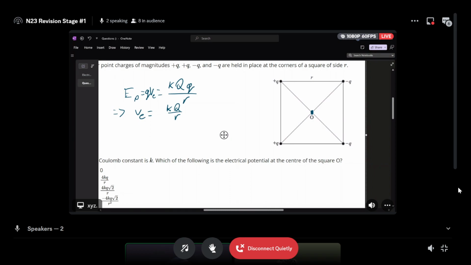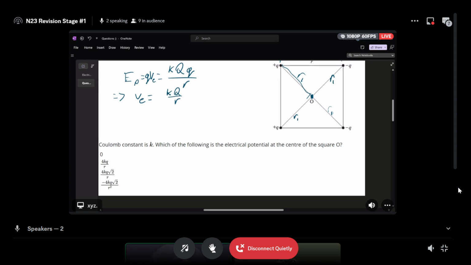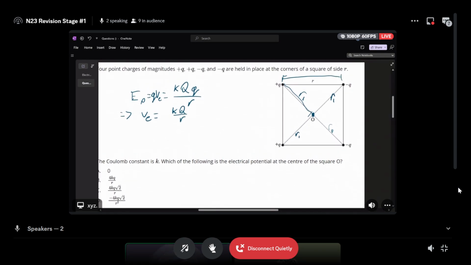We should be able to use this R here to identify this R1, and then since it's a square and O is a center, we know that these distances are the same in each. So these are all R1s. Then we just need to do two calculations here because we have two types of charge.